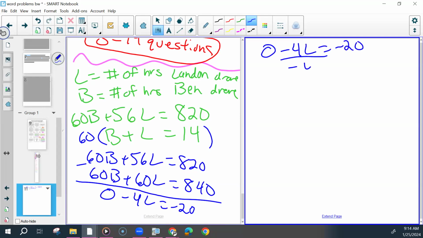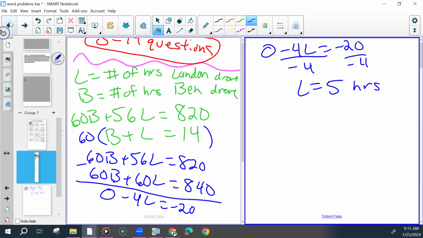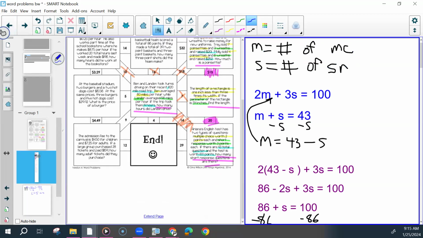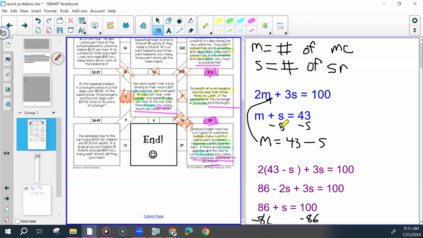So L would be 5 hours. And that would take us here. We can't go up, so that would have to come down. We can't go anywhere else but 12, and that would be the end. Done. Yeah.